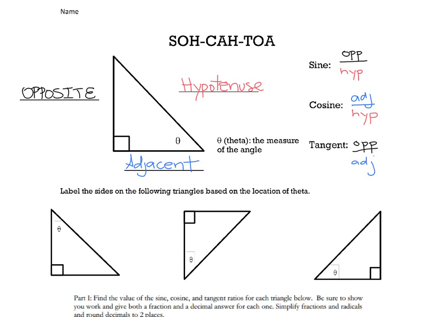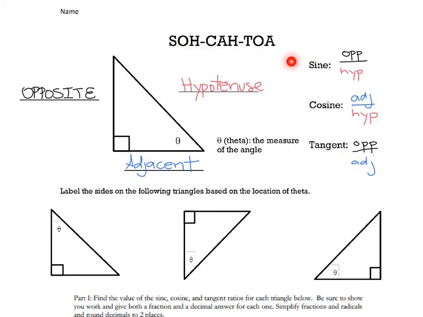All right, so let's not talk about Pythagorean theorem anymore, and let's move on to SOH CAH TOA. Talking about trig here, trig is going to consist of sine, cosine, and tangent.